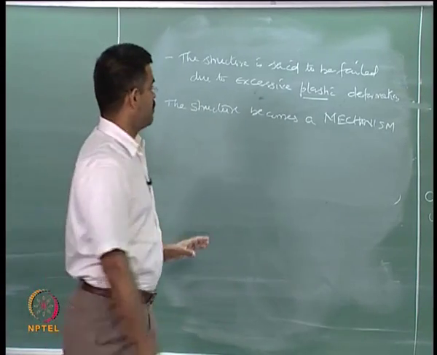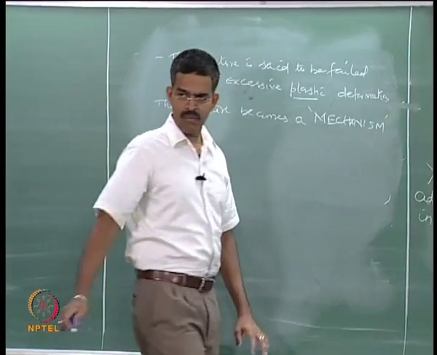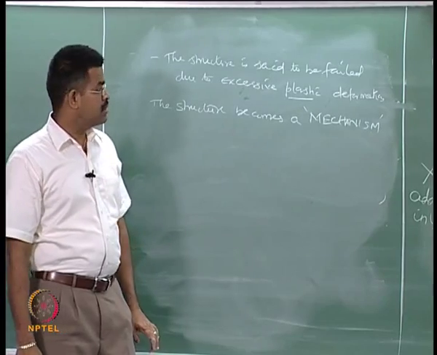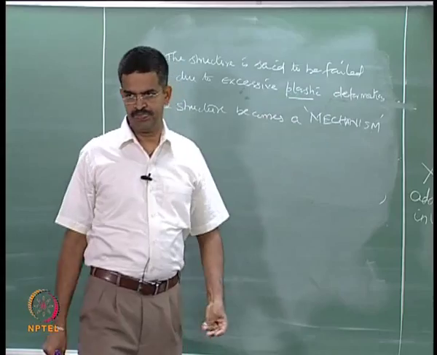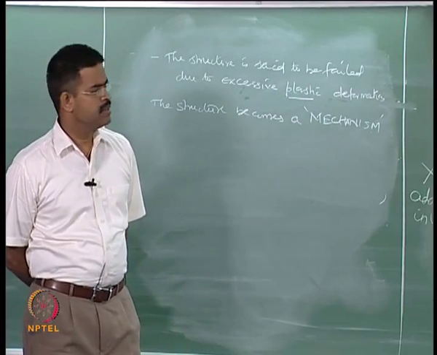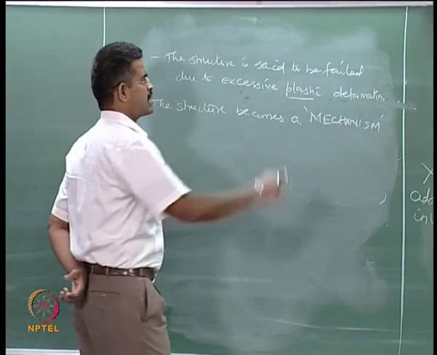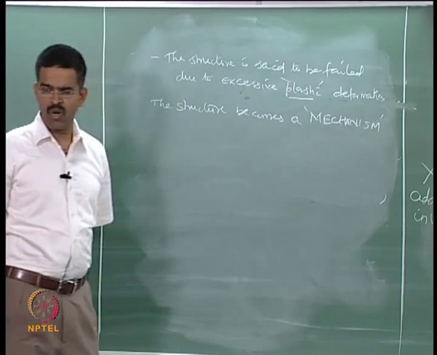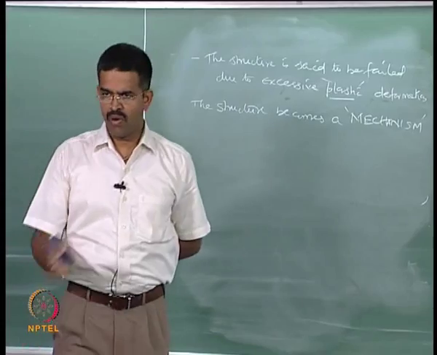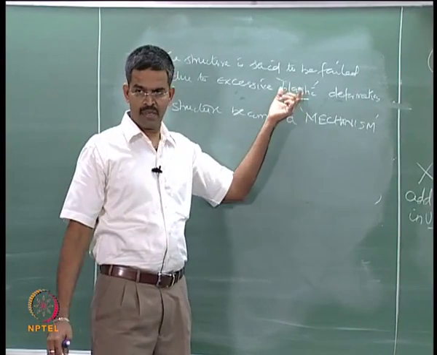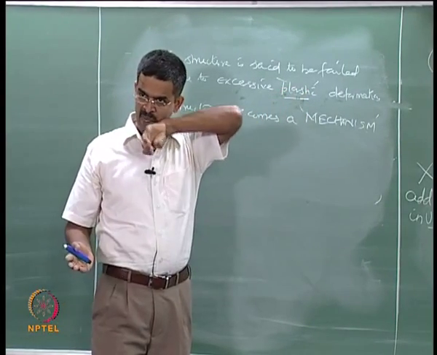So, a special name is given to the structural system in which this deformation has set in. It is because of this adjective that the design method is also called plastic design. Why we call it plastic design is because we are enabling plastic deformation in the system. Is it clear?